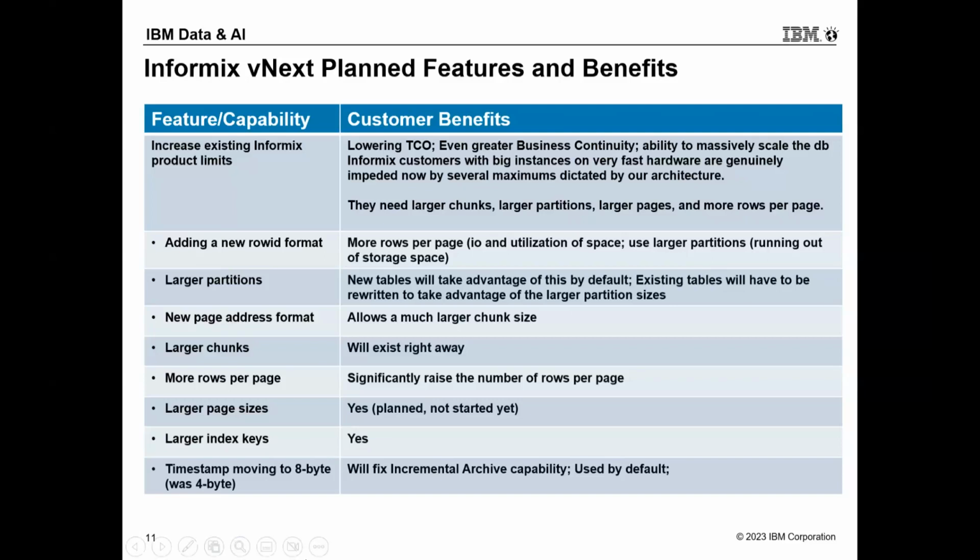There is something to consider in doing all this. And that is that once you have done it, once you have gone to VNext, these changes will not be revertible. I say again, once you have gone to VNext, these changes will not be revertible.